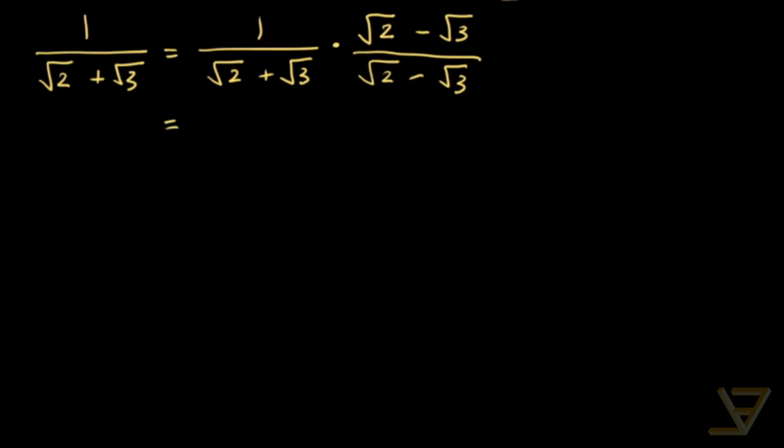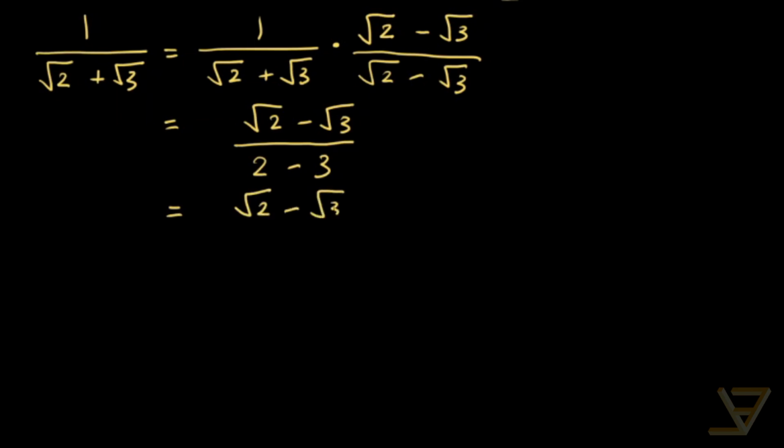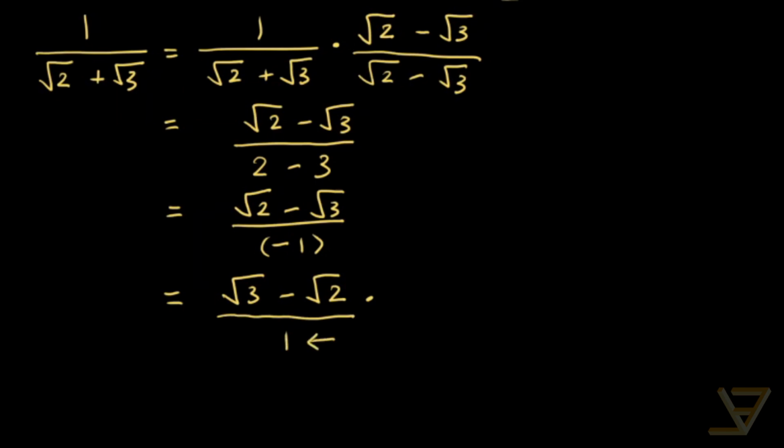What that gives us in the numerator is square root of 2 minus square root of 3. And in the denominator, by difference of squares, we get 2 minus 3. And that's equal to square root of 2 minus square root of 3 over negative 1. And that's simply equal to square root of 3 minus square root of 2. So in this case, we actually eliminated the denominator altogether. But there is a secret division by 1 here, and this is rational.